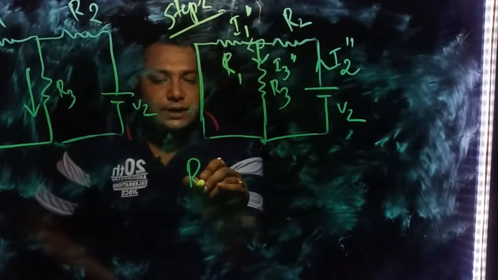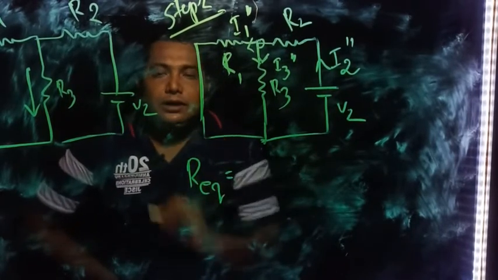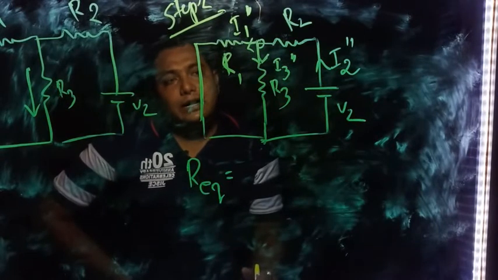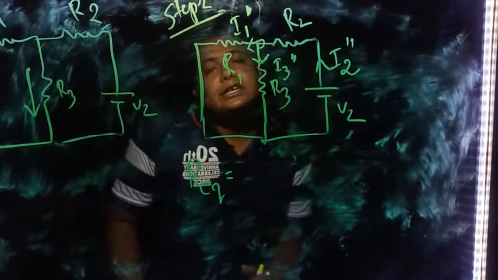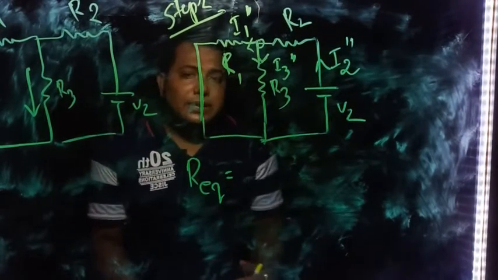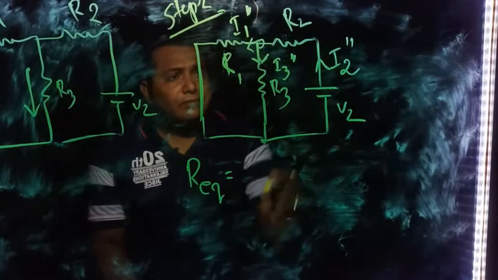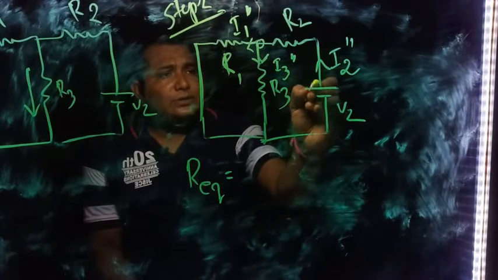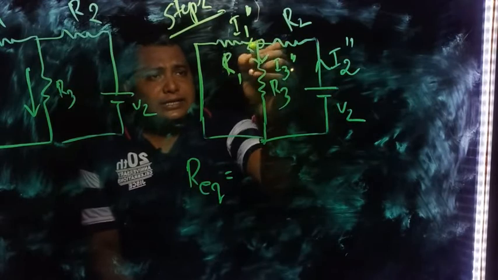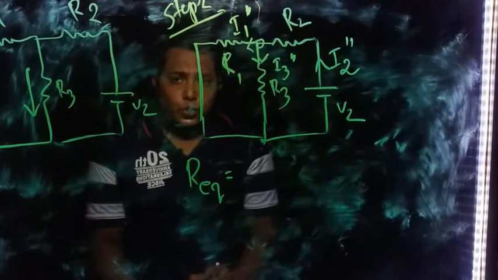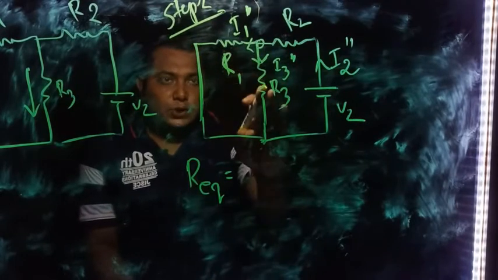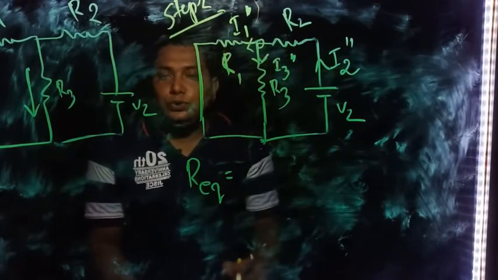So first we have to find out this one. What is this one? R equivalent. How to find this R equivalent? We have to find the series-parallel combination of the resistances over here. Let us see: the current flows through this, and at this node it divides between two. So these two are in parallel, with the R2 in series.